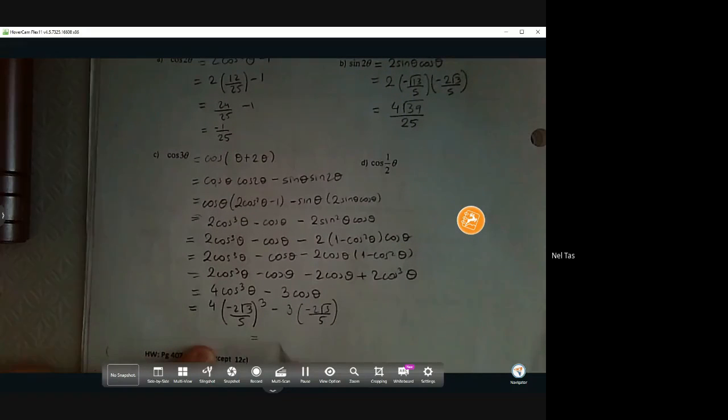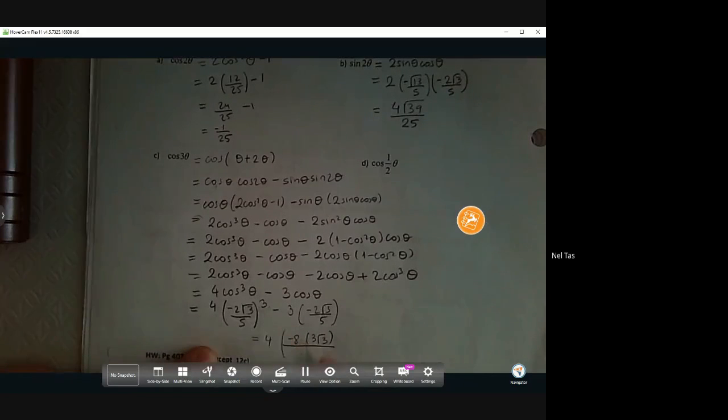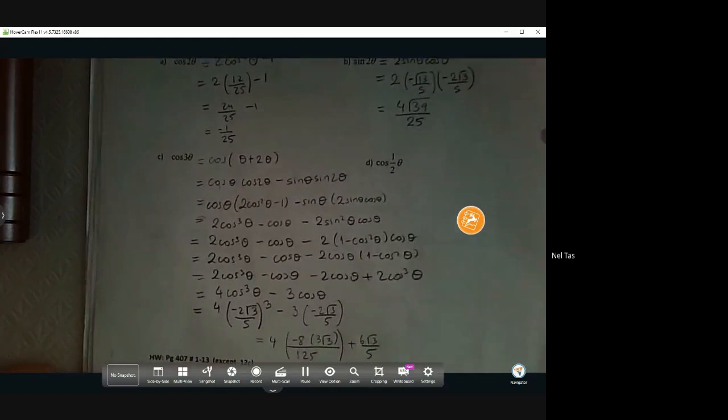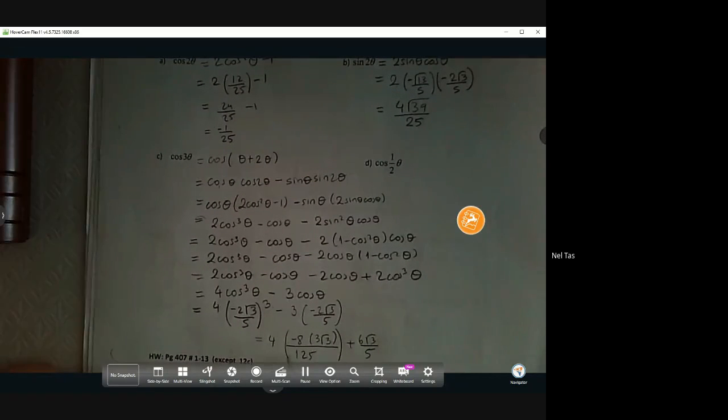Okay, so let's calculate this. So negative 2 cubed is negative 8. Root 3 cubed is 3 root 3. 5 cubed is 125. If you multiply these two, you get 6 root 3 over 5. Okay, so simplify this further.